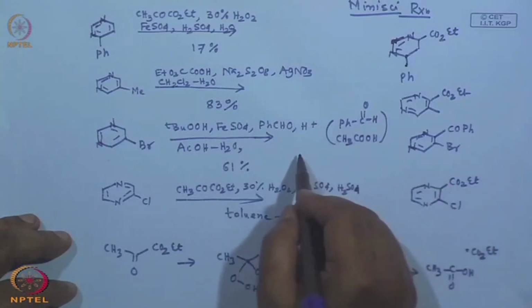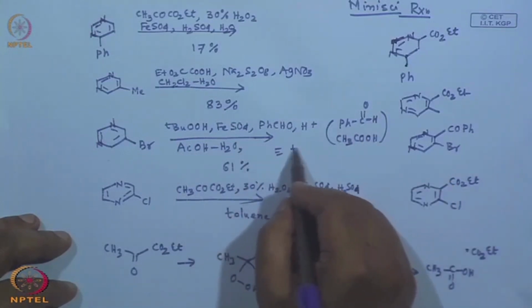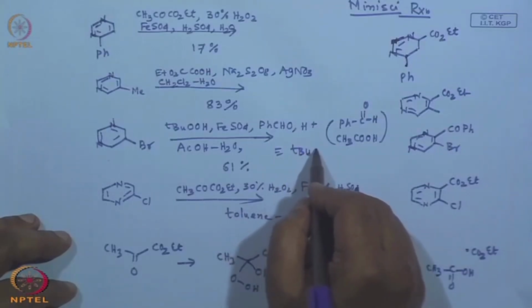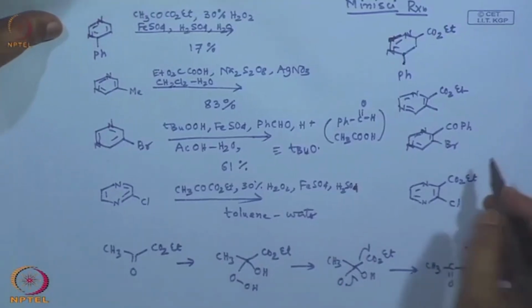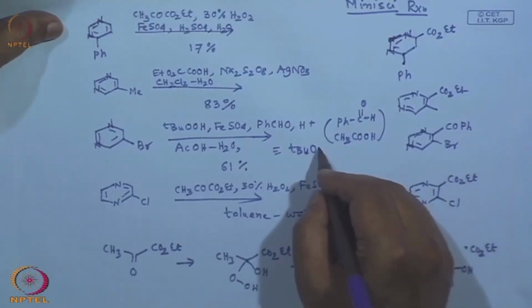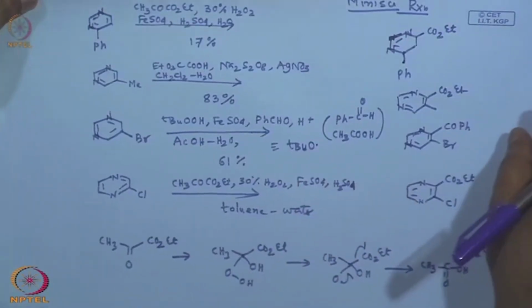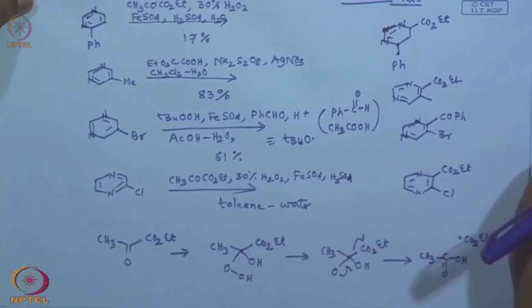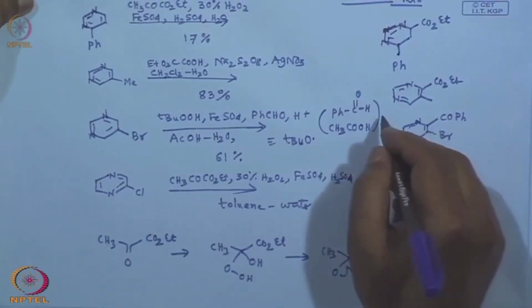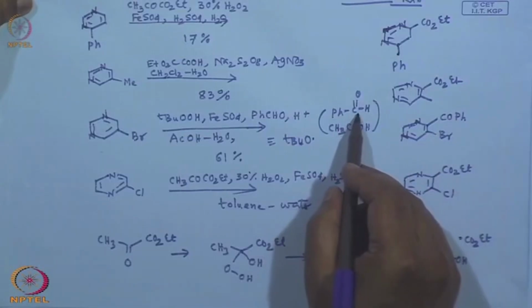Now, the radical that is here is the tertiary butyl oxy radical. Now, what sort of carbon radical do you expect? If you think of benzaldehyde, actually it can produce the radical here after the abstraction.